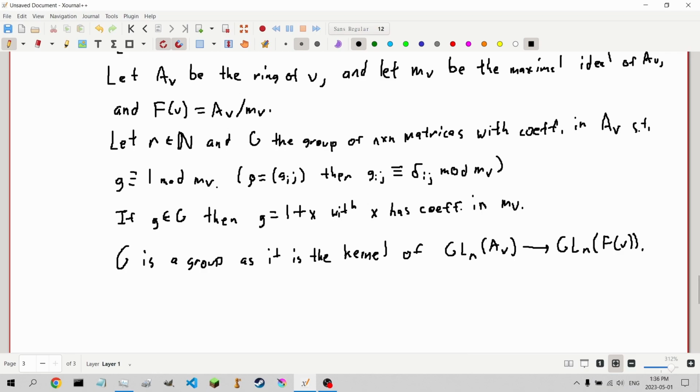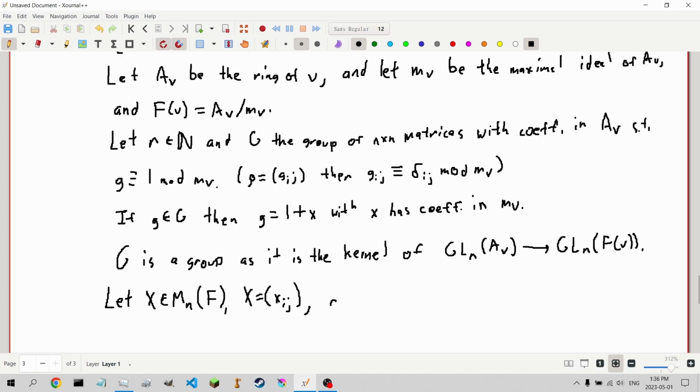Now, we're going to take X to be an n by n matrix over F, with its elements being xij.